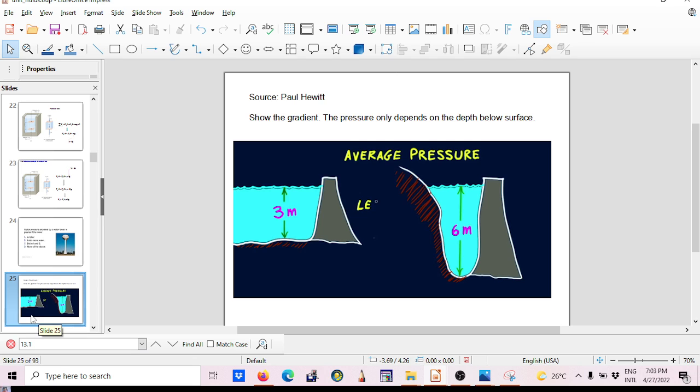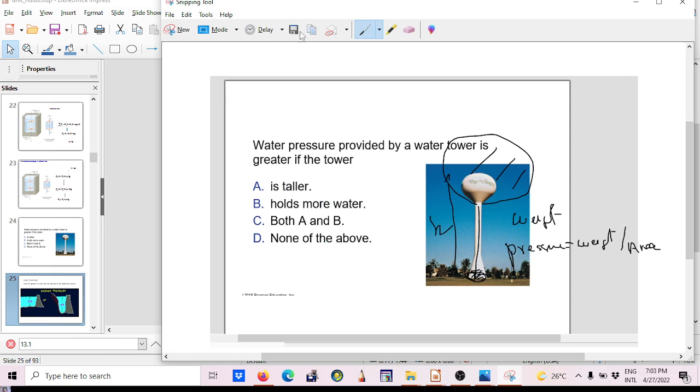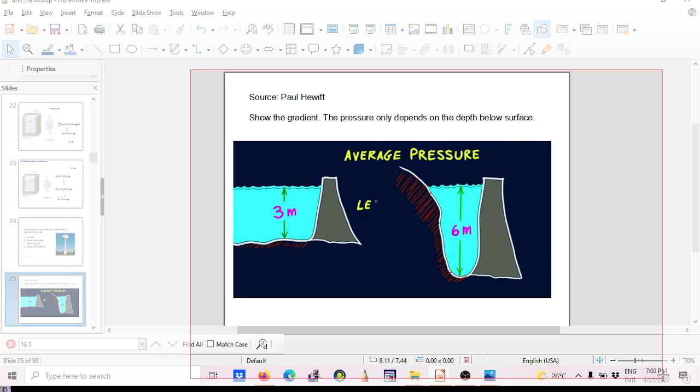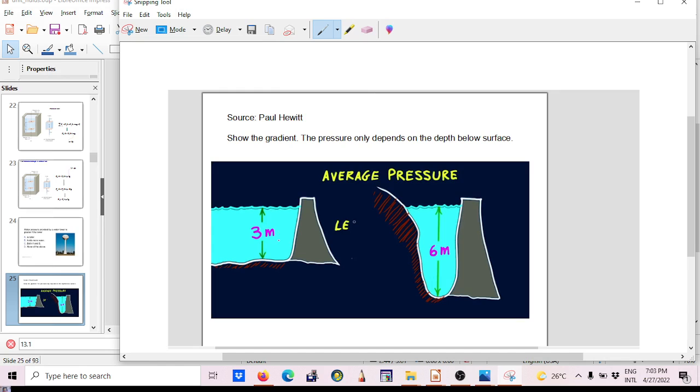Surprisingly, again, the pressure inside the water only depends on how deep you go below the surface. So even though this container is huge, at 3 meters below the surface, you're going to have exactly the same pressure that you have here if it's 3 meters below the surface, right?